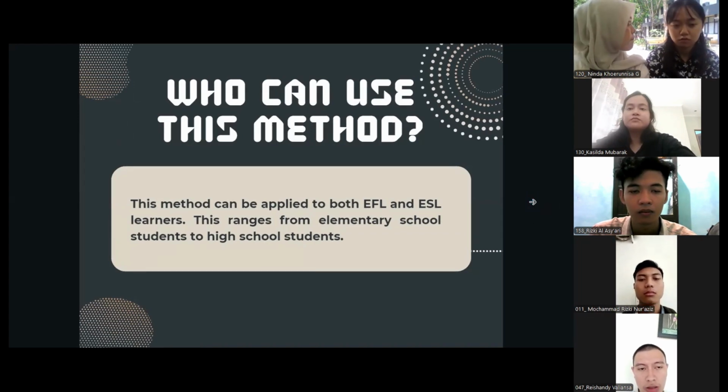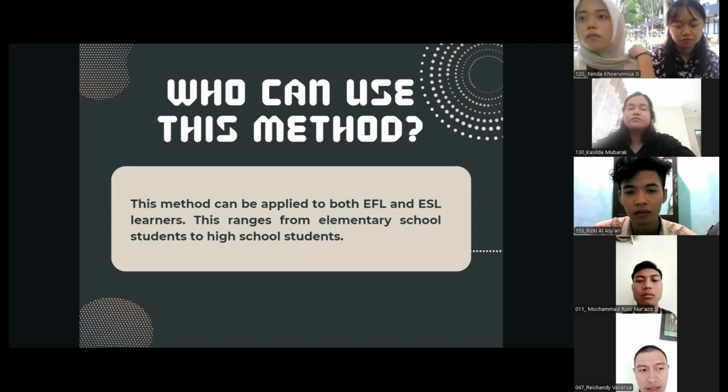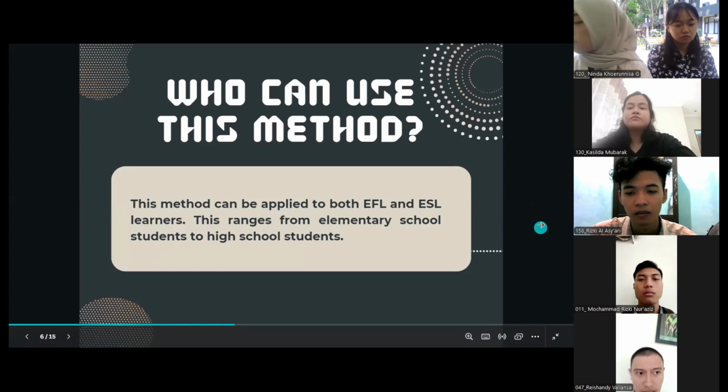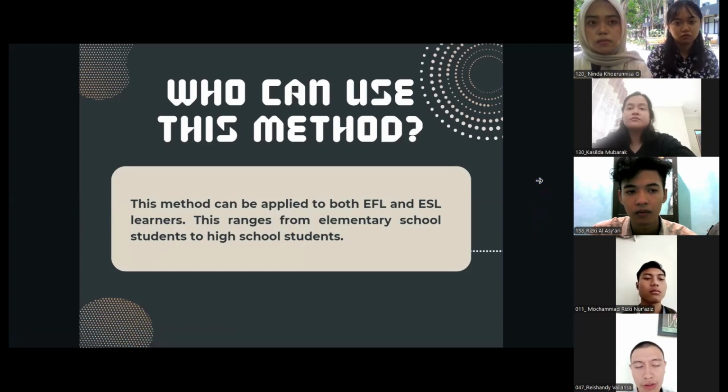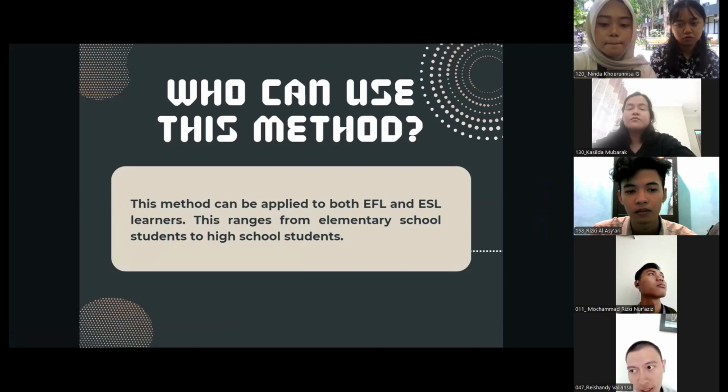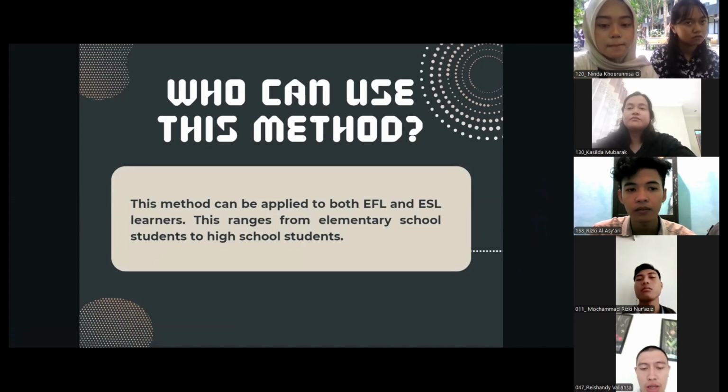Also, it depends on the techniques, because if it uses role playing, for example, this can be used for students at any grade. But if it's forum group discussions or group projects, we believe that this can be applied to students with a higher educational level, for example, high school students or junior high school students.